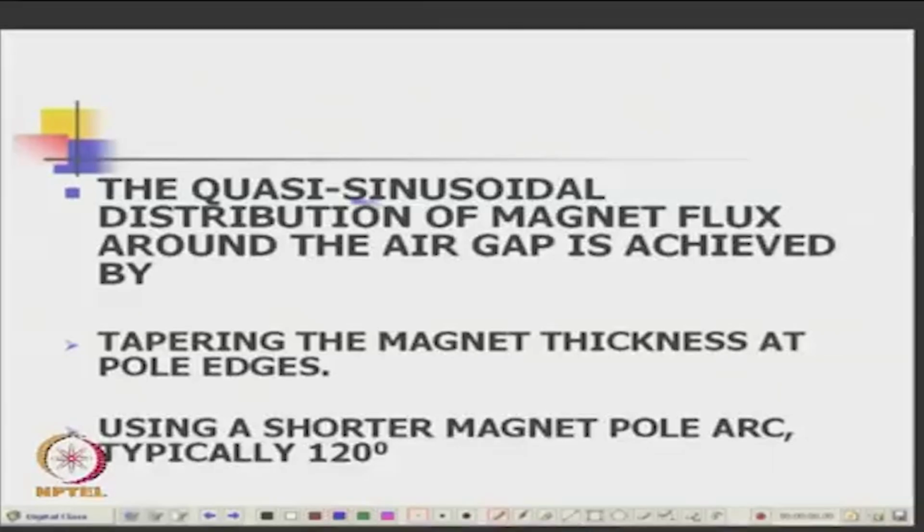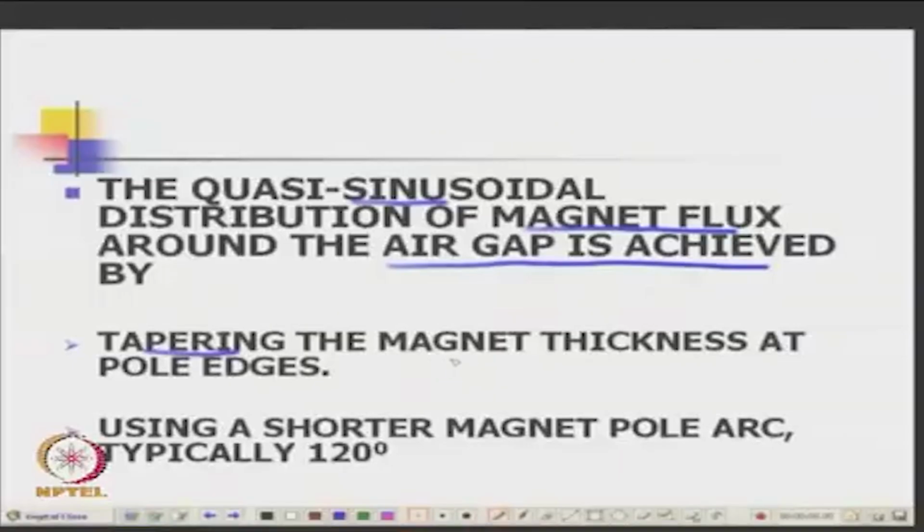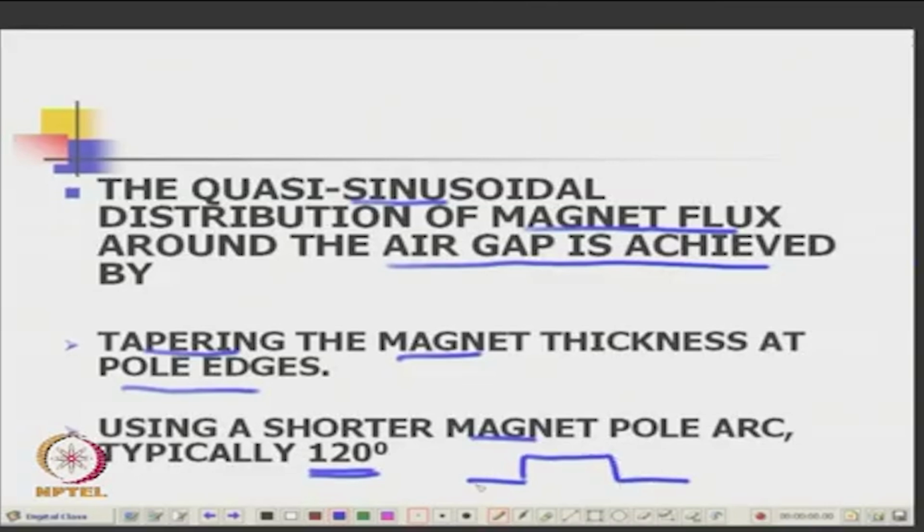This sinusoidal distribution of magnetic flux around the air gap is achieved how? Because you are having a magnet, you normally use a tapered magnet. You taper it in such a way that there is more flux at the center and less flux at the edges, or using a shorter magnet pole, that means do not put a 180 degree magnet, use a 120 degree magnet. So, you can have something like this which can be approximated to a sine wave.